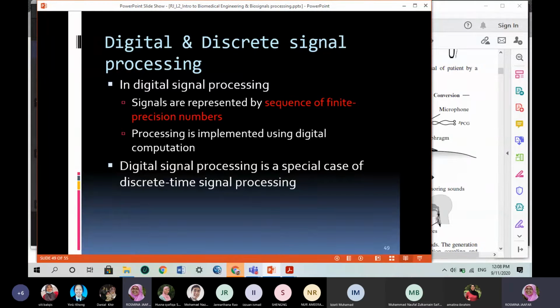In digital signal processing, signals are represented by sequences of finite precision numbers. Processing is implemented using digital computations, and digital signal processing is a special case of discrete time signal processing.